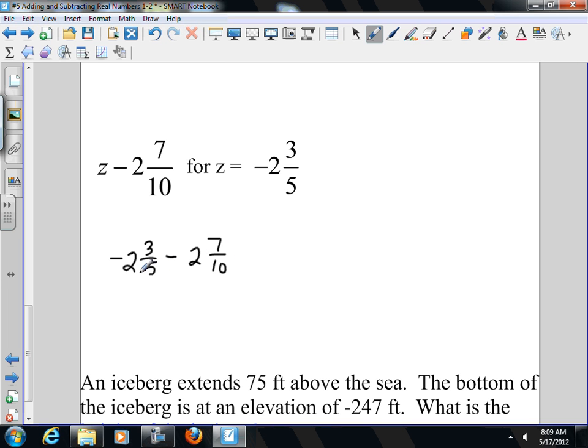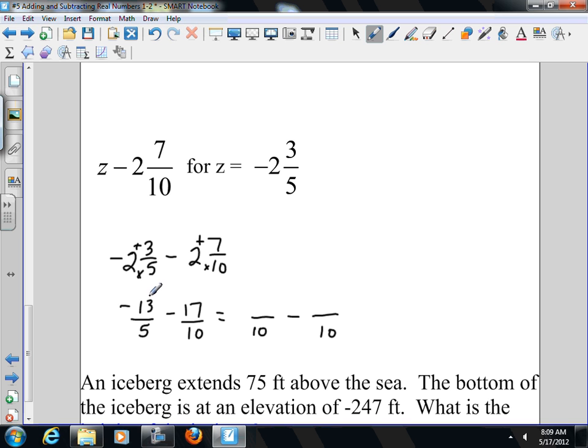Remember how we do that? We say 5 times 2 plus 3. And keep that negative sign, by the way, in front. So we end up with negative 13/5. Over here, do the same thing, 10 times 2 plus 7. So we end up with minus 17 tenths.